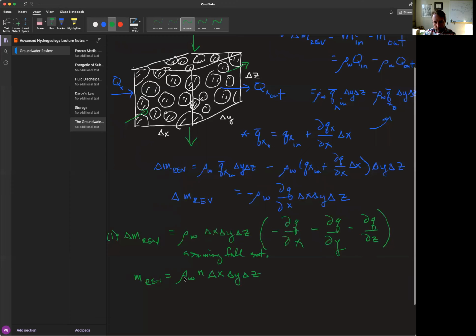So this change in mass is the change in mass with respect to time.